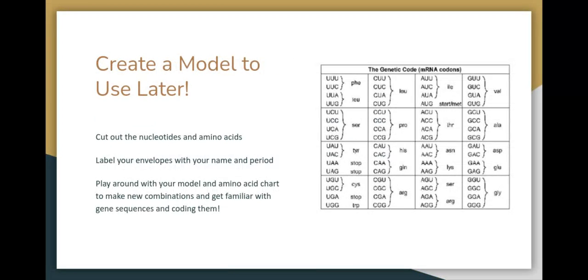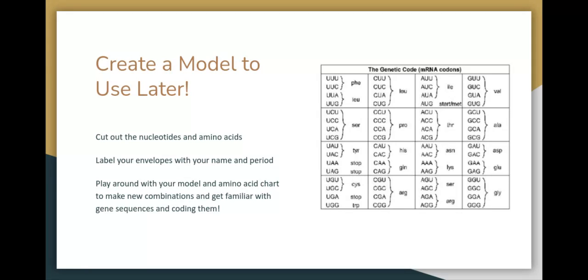Now, I emailed on our Moodle site, under this week's unit, you should have a little tab that says mutations. I have a chart that I need you to either print out or redraw and cut out on your own, where you're going to cut out all of the nucleotides and amino acids, and you're going to build a small model of DNA.